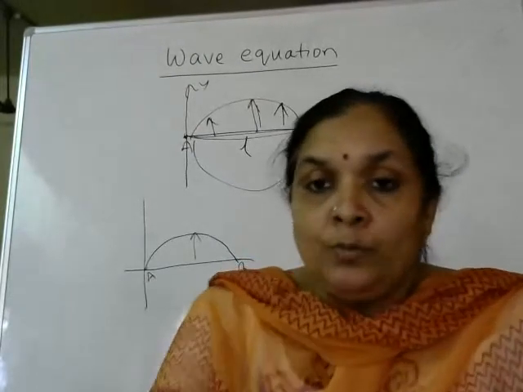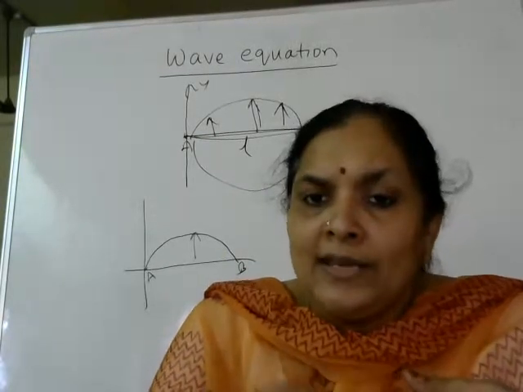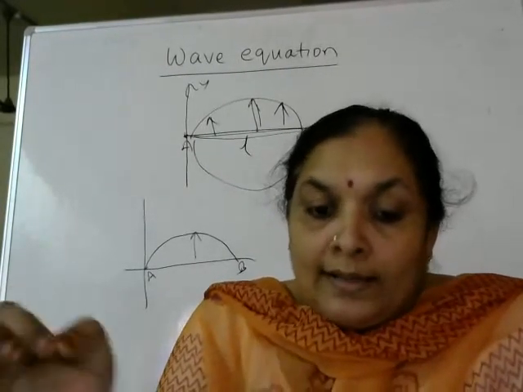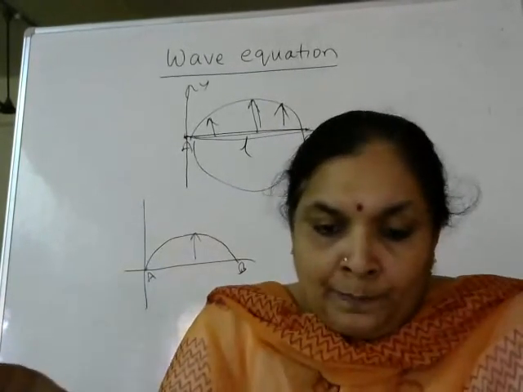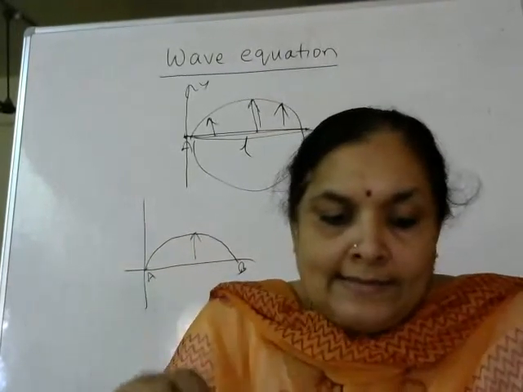What we are assuming is that the tension in the string is very, very high, meaning the string is stretched to the maximum extent. Then the tension is considered to be very, very large compared to the gravitational force, the weight of the string, so the gravitational force is very, very small.